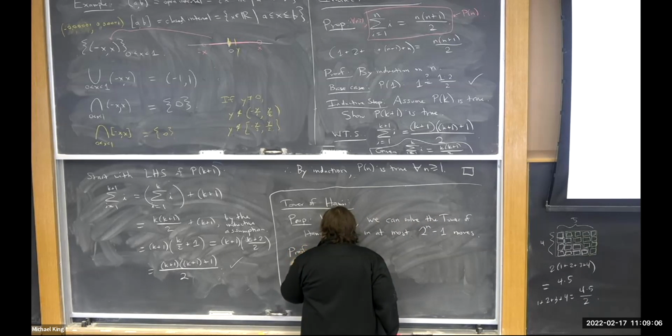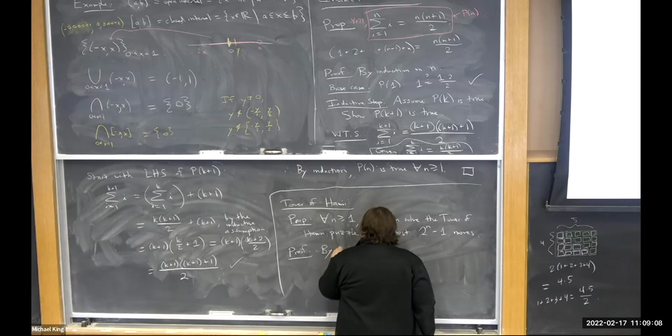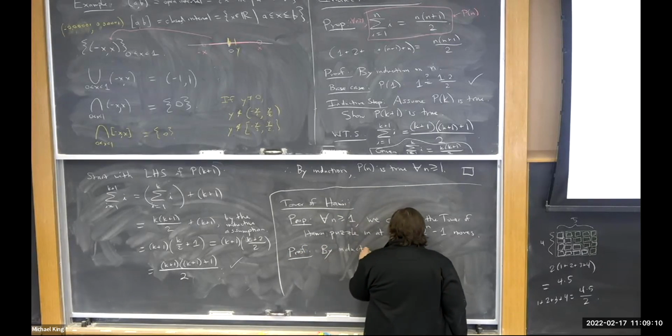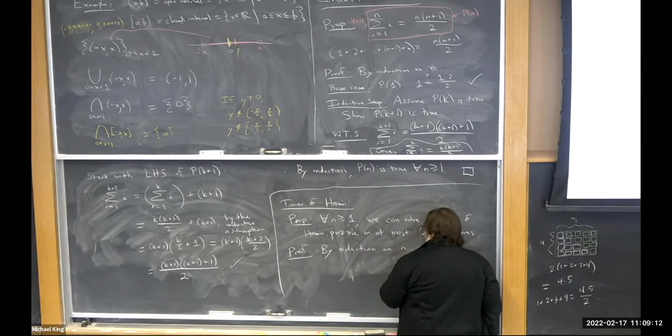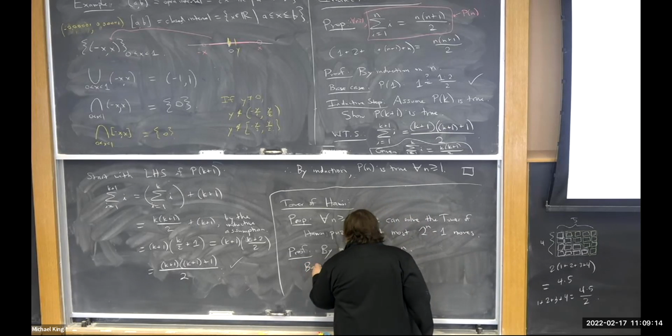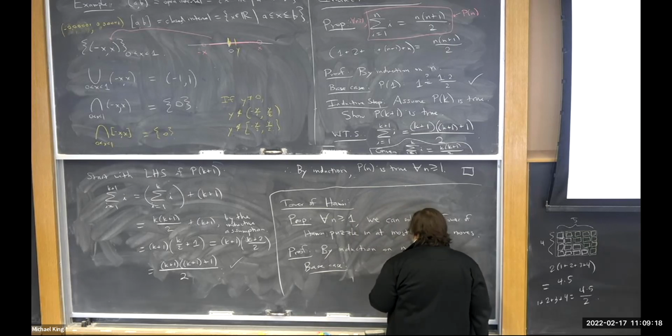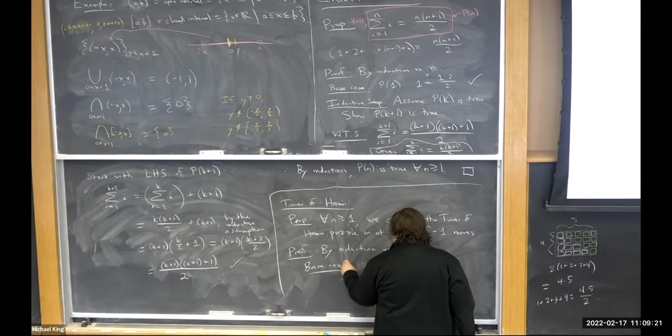So again, the proof is by induction on n. And we have a base case. We could even do n equals 1 or n equals 2. We could do a couple of base cases if we want to check ourselves.